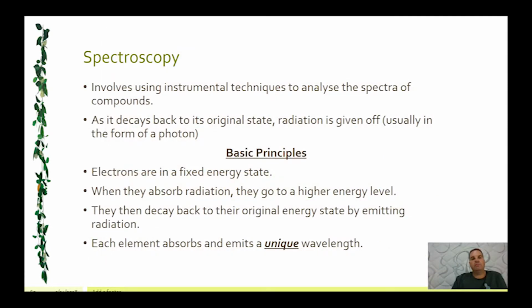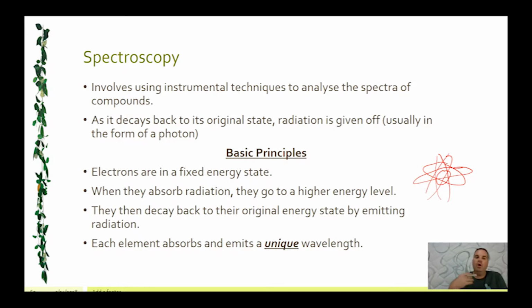The basic principles of spectroscopy revolve around the fact that we have electrons in a fixed energy state around an atom. If you look at the original model of an atom, you've got these electrons orbiting around the atom like this. So you get all these different energy levels of the electrons.